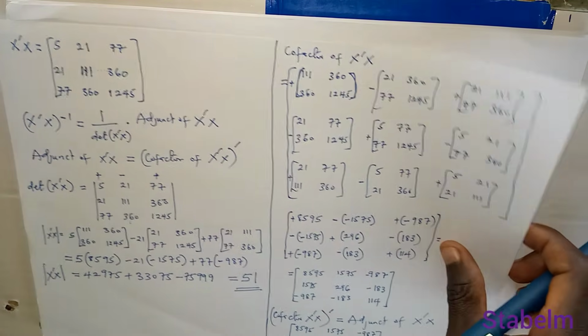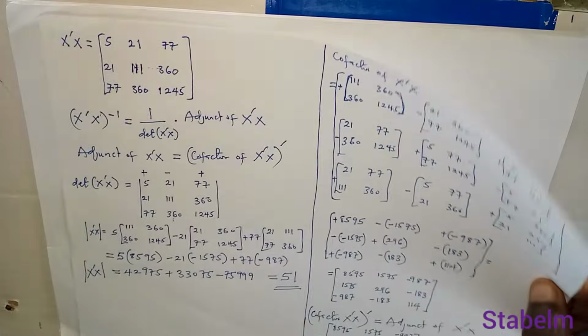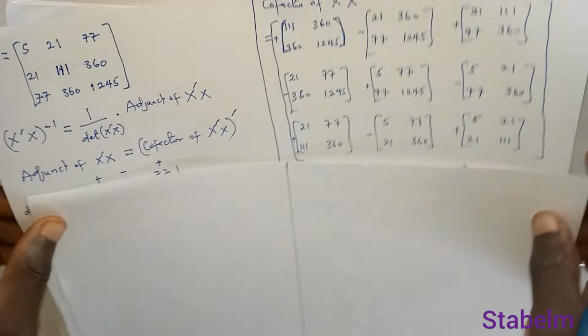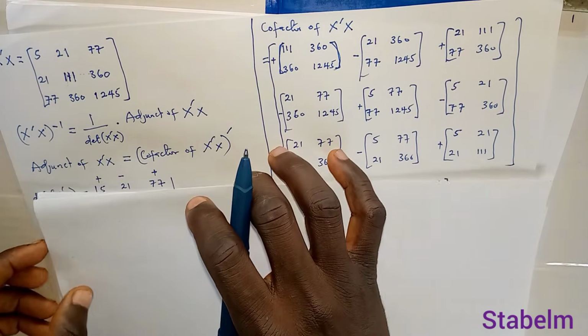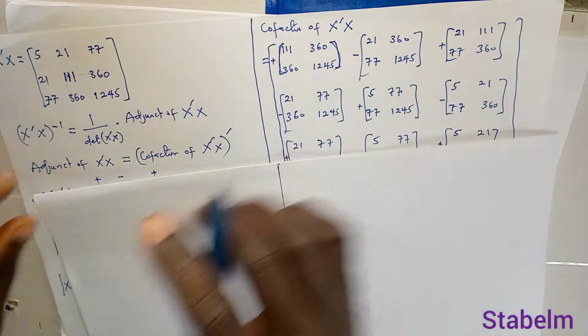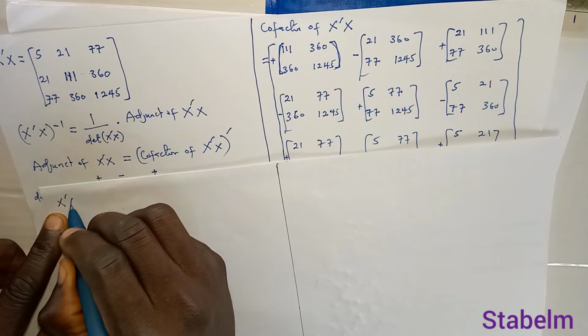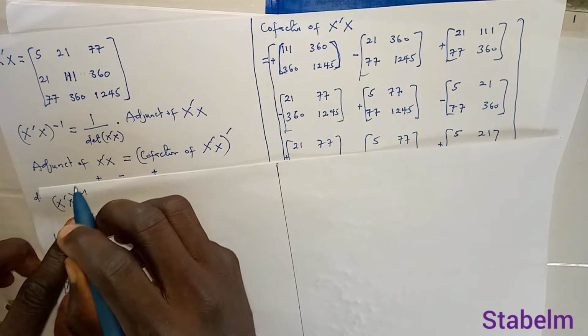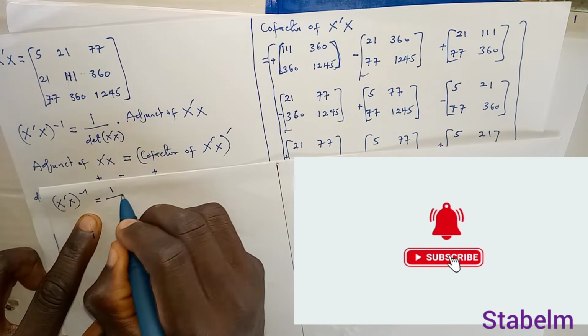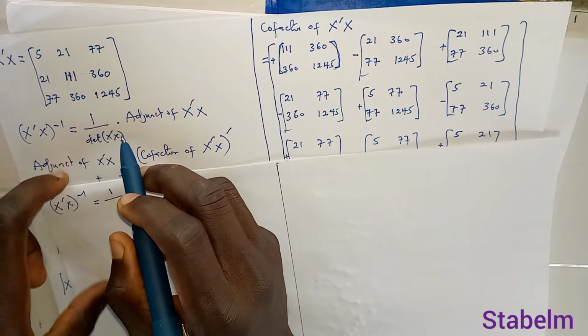So x prime x inverse. Now, from here we said our x prime x inverse is equal to 1 over the determinant of x prime x.